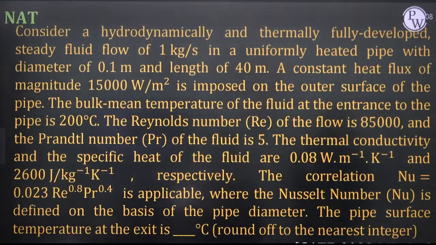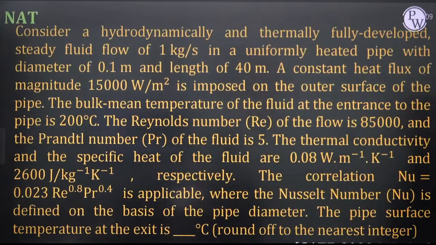Consider a hydrodynamically and thermally fully developed steady fluid flow of 1 kg per second in a uniformly heated pipe with a diameter of 0.1 meter and length of 40 meter. This is a problem related to internal forced convection, because the mass flow rate is mentioned.